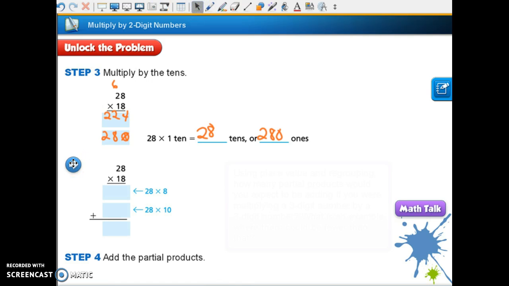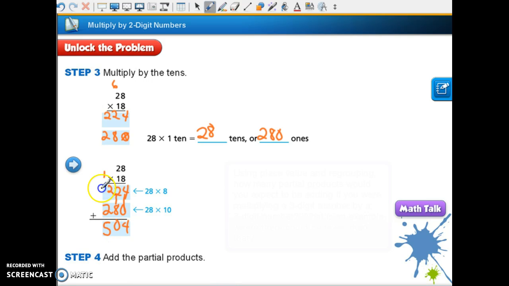Okay, so now we have our 224. Was that what we're supposed to be doing? Yes, and our 280, and we're going to add those. We're going to add our ones, which is 4. We're going to add the tens place, which is 10. So we've got to regroup 1. 2 plus 2 is 4, plus 1 more is 5.